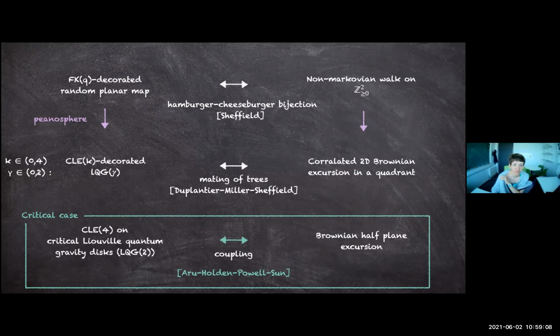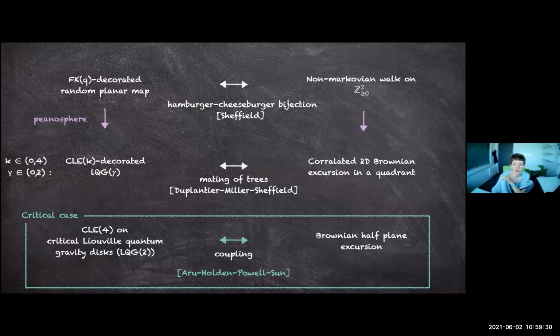Very briefly, you have this bijection that was described with a non-Markovian walk in the quadrant, and this makes sense for positive q. And what Sheffield proved is that this walk converges to a correlated 2D Brownian excursion in a quadrant.